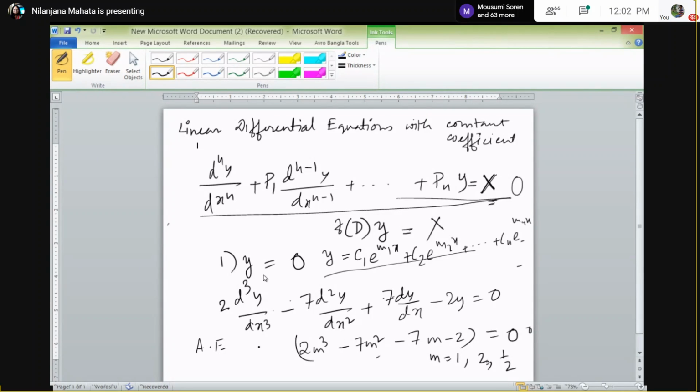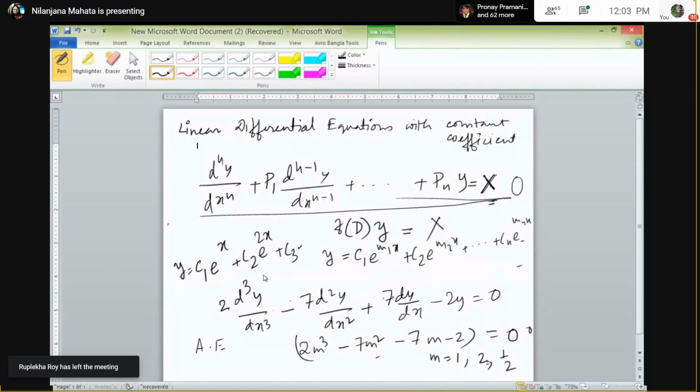So our general solution, that is our complementary function of this problem, will be, I will put m1 equal to 1, that is y equals c1 e to the power x plus c2 e to the power 2x plus c3 e to the power half x, right?